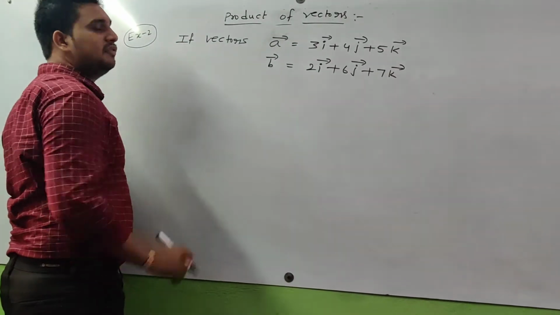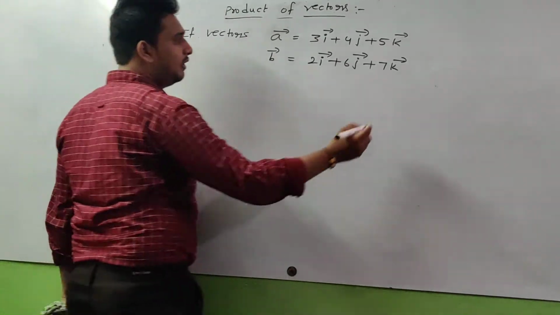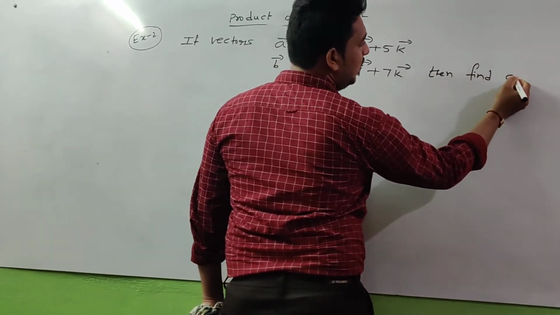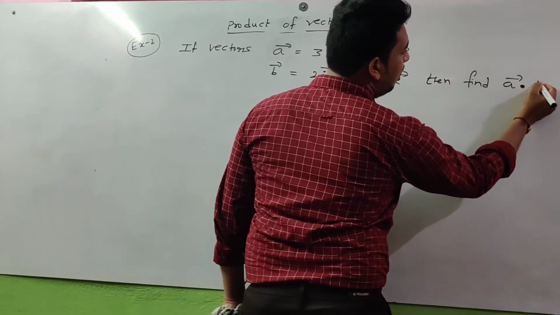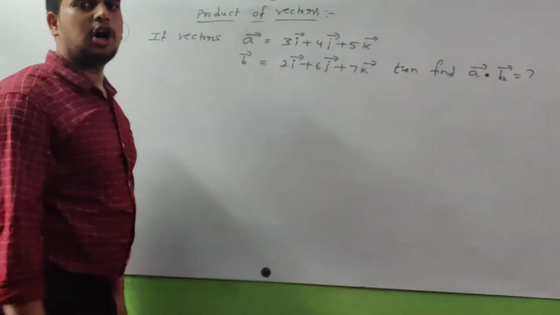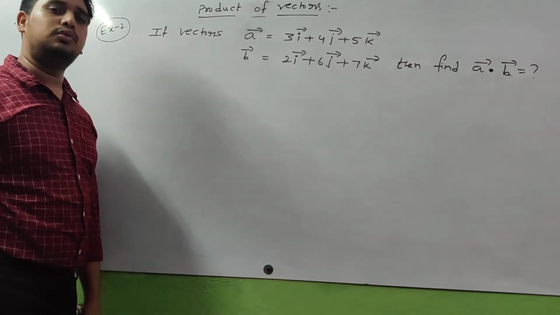So if two vectors A bar and B bar are given, then find A bar dot B bar. That means find the dot product of two vectors.